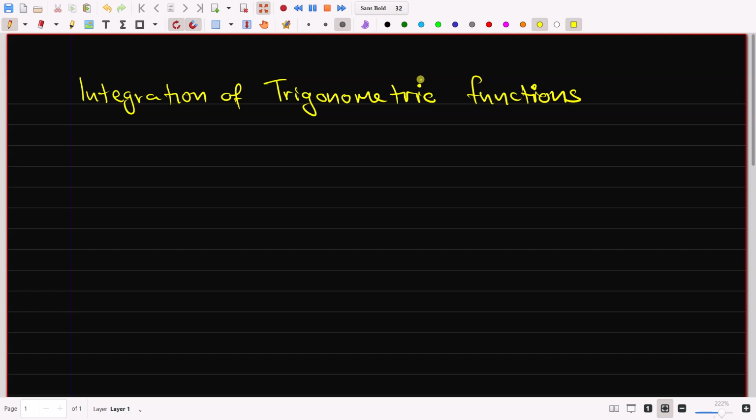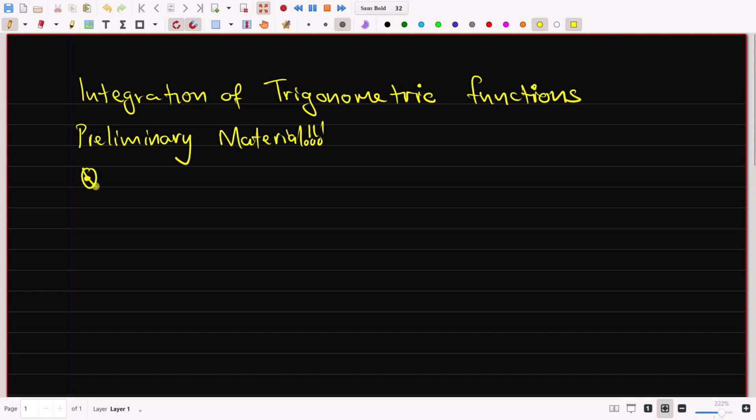You see, when it comes to the integration of trig functions, there are two results that form the foundation. But before we go on, it's good to lay down some preliminary material that you should know before you embark on this journey of learning how to integrate trigonometric functions.